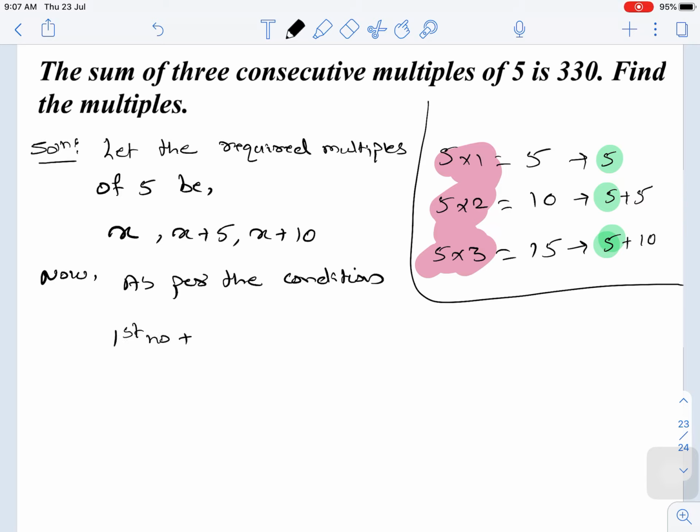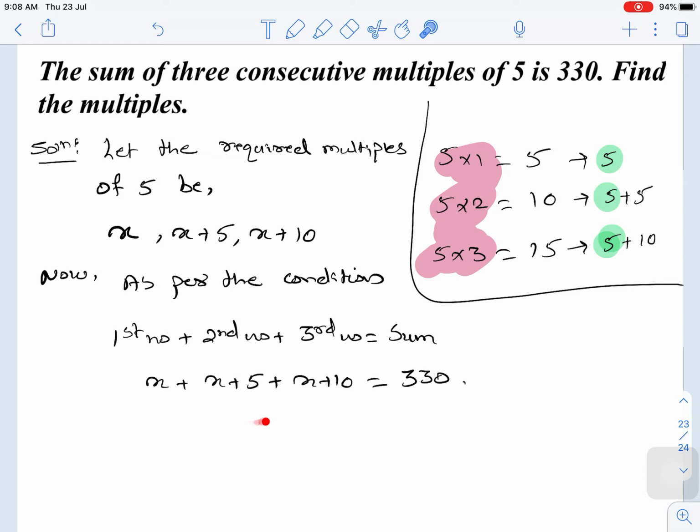So first number plus second number plus third number equals the sum. The first number is x, so you write x. Second number is x plus 5, so you write x plus 5, plus x plus 10, equals how much? 330.